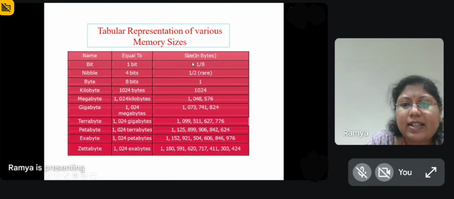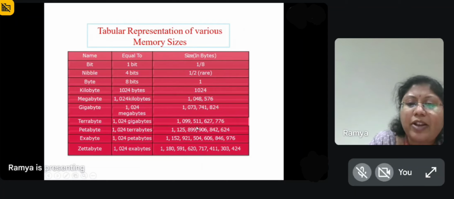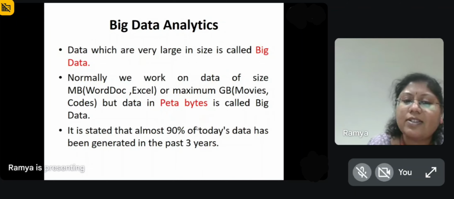If you look at the size, it keeps on increasing. Initially a bit is 1 by 8, a nibble is 1 by 2, a byte is 1, a kilobyte is 1024, and from megabyte onwards it keeps on increasing. These are the various memory sizes, and all this data has to be stored.